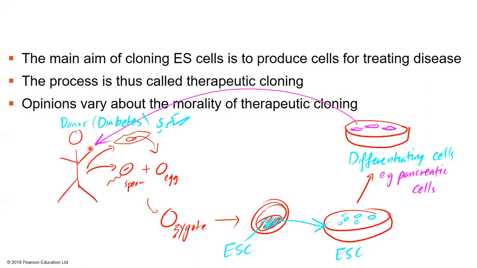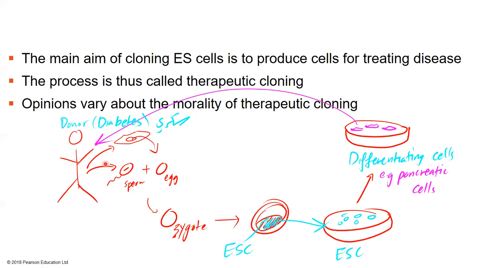Yes, you could. Same thing applies if somebody is blind and needs eye cells, or if somebody suffers from a heart stroke and has damaged heart cells, they could use heart cells.